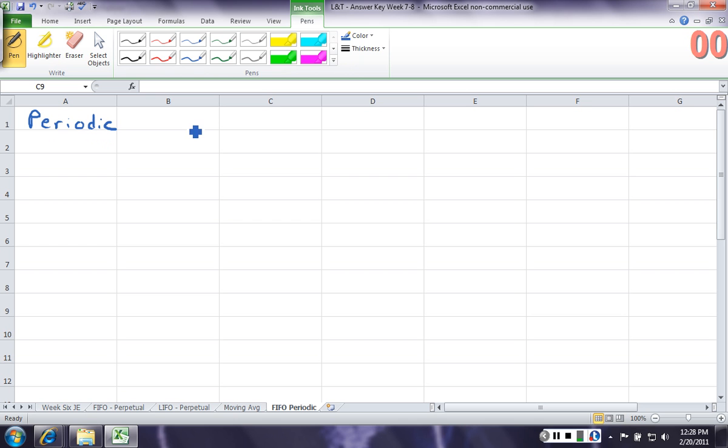So when we do periodic, regardless of the cost flow assumption, first we always calculate goods available for sale. Always, always, always. So goods available for sale is how many units do I have available to sell.